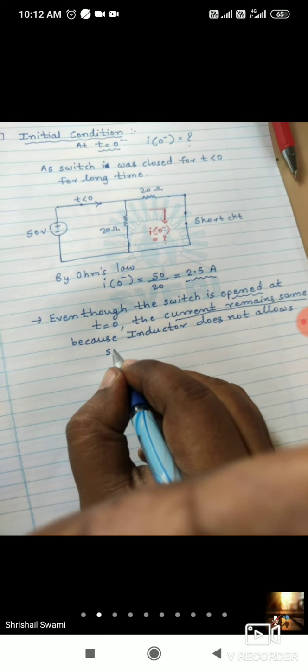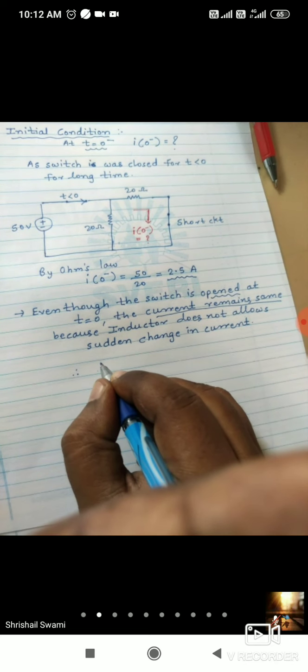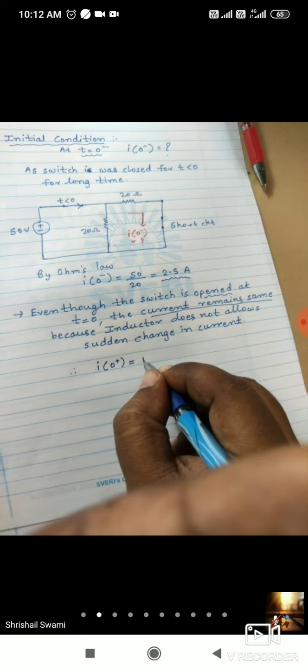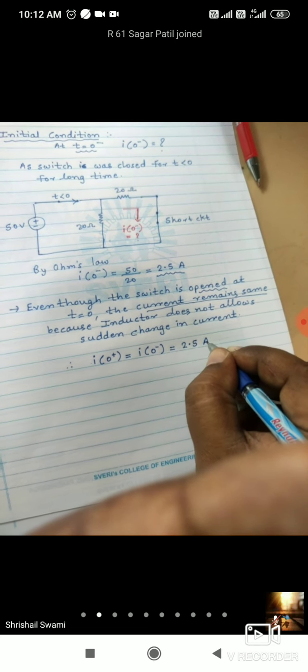Because the current that was there previously will remain. Even though the switch is open, the current remains the same because an inductor does not allow sudden change in current. Therefore, I of 0 plus is equal to I of 0 minus is equal to 2.5 ampere.